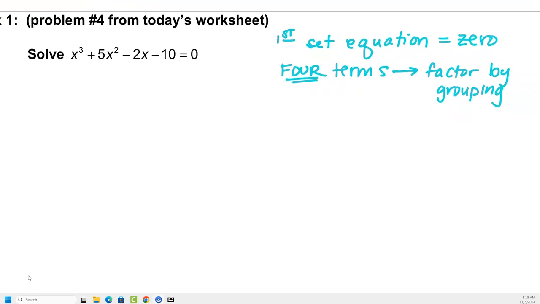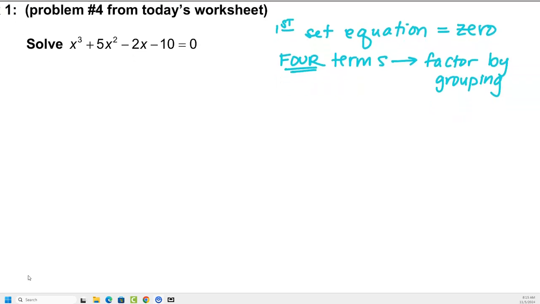So when I am going to do factor by grouping, I know that this sign in this location here, this very middle sign, I want this to be addition. So just as a review, I'm going to write this as x cubed plus 5x squared.